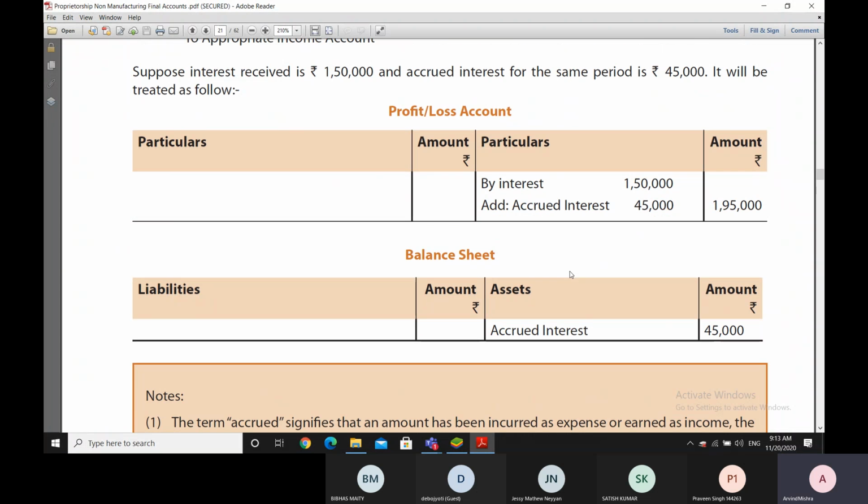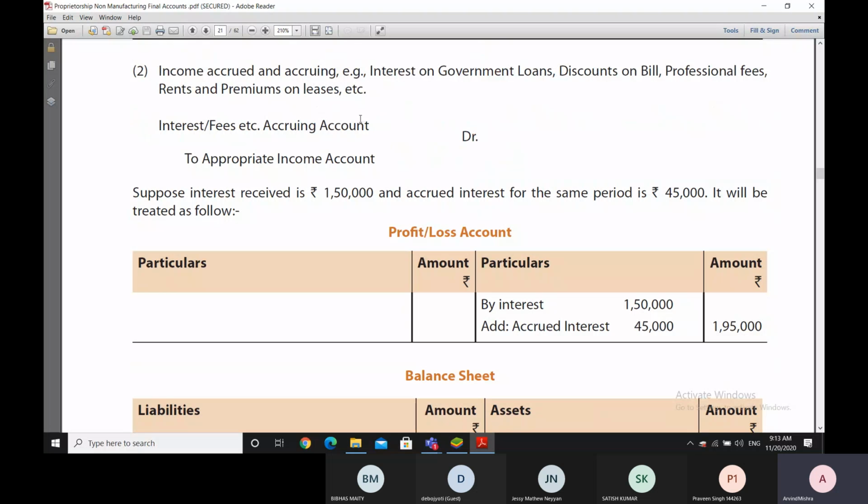We have written this in the balance sheet also. As you can see, the balance was created here by debiting this account, and therefore this balance needs to be reflected somewhere, and therefore this goes straight into the balance sheet.